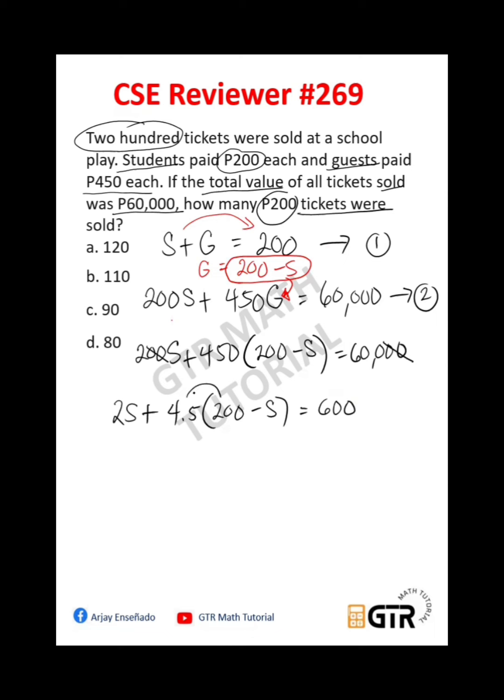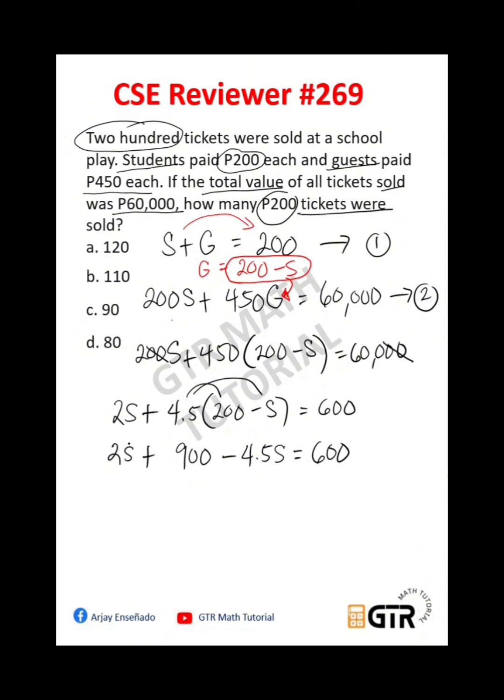Okay, and then let's distribute this. So we have 2S plus 4.5 times 2, that is equal to 9. And then we have two zeros, so 900 minus 4.5 times S, equals 600.